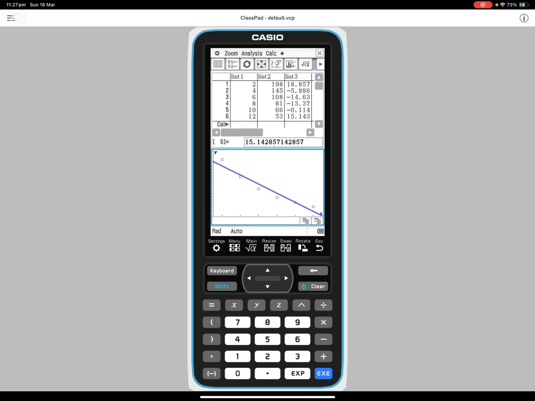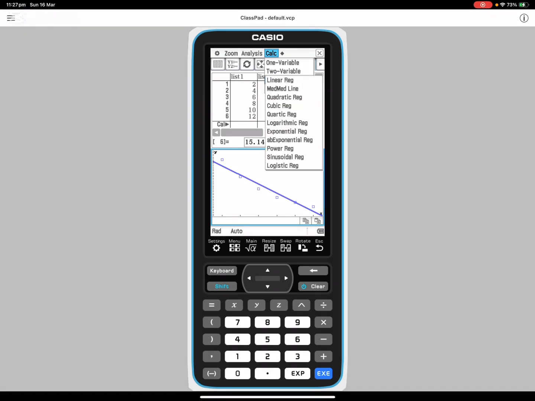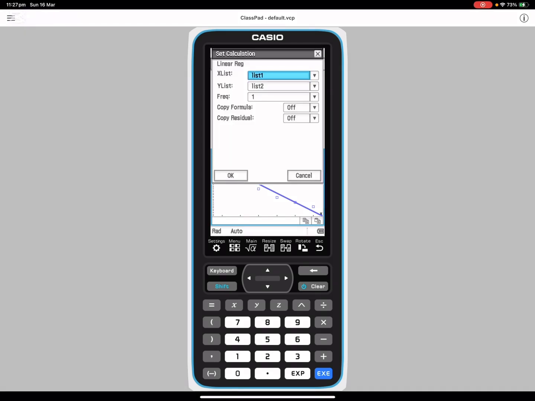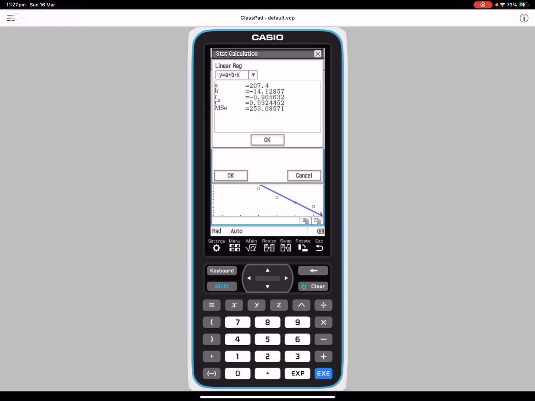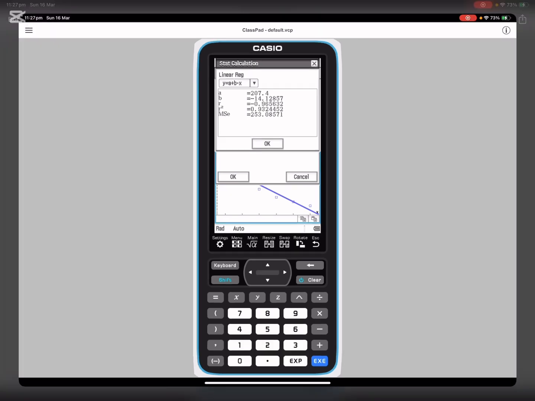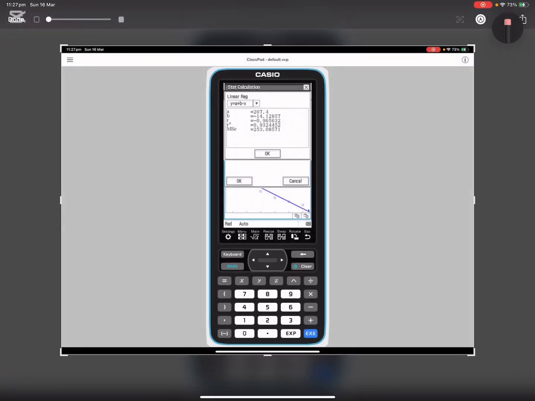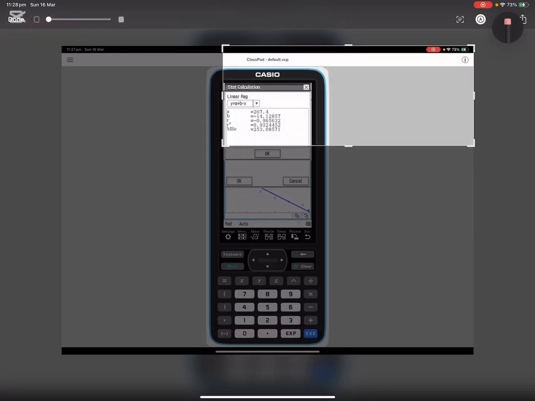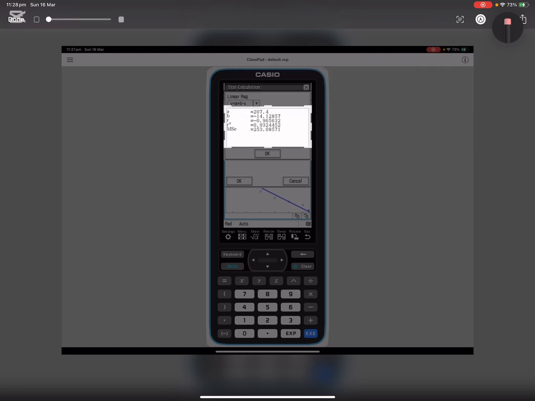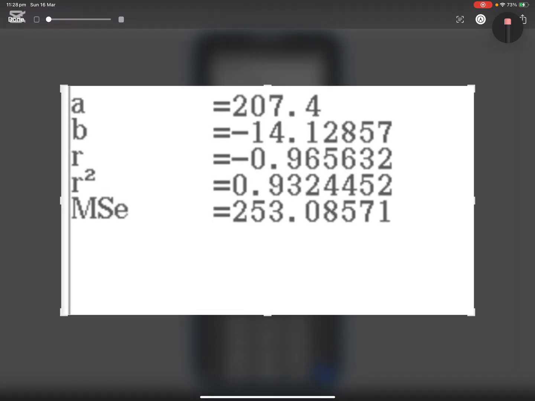Now, to get your R and R squared, it was back where we were before, so calc, regression, linear. Okay, so our R squared is pretty good already, so it will be an interesting one to improve, but we want to get that as close to 1.